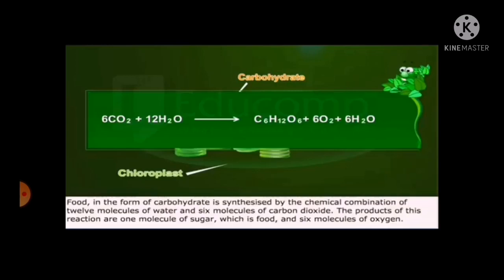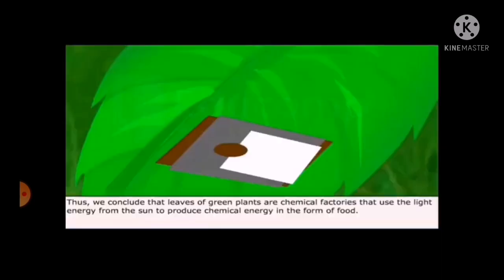Carbon dioxide plus water gives, in the presence of sunlight and chlorophyll, carbohydrate, oxygen and water. This process is called photosynthesis. Is it clear? This is called the equation for photosynthesis.